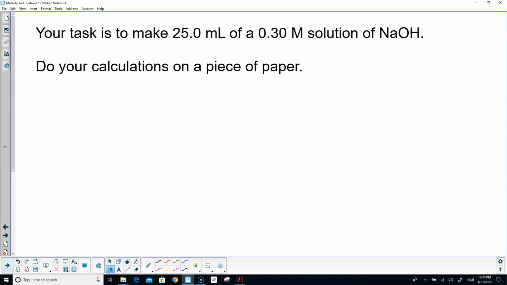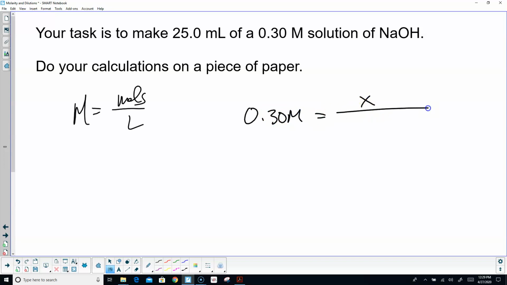Last one. Let's say I want to make 25 mL of a 0.3 molar solution of sodium hydroxide. How could I do that? Once again, it's the same formula: molarity is moles per liter. I do know the molarity this time, 0.30 molar. I do not know the quantity of the sodium hydroxide. Once again, when you convert milliliters to liters, you move the decimal 3 to the left, so 0.0250 liters.